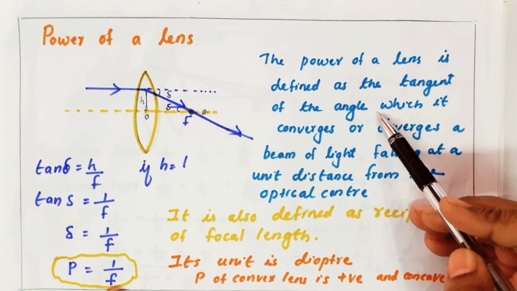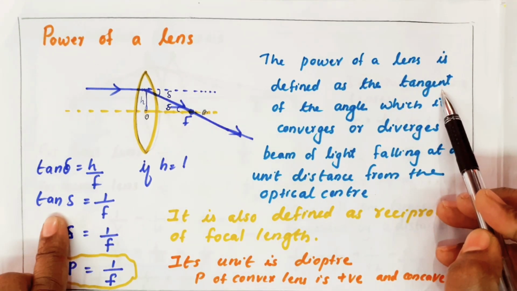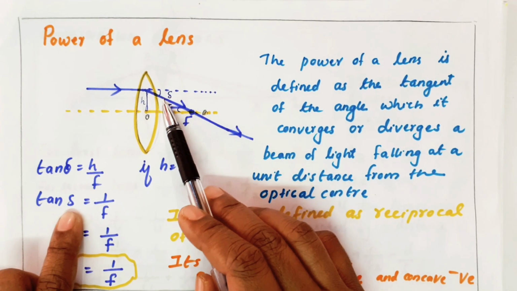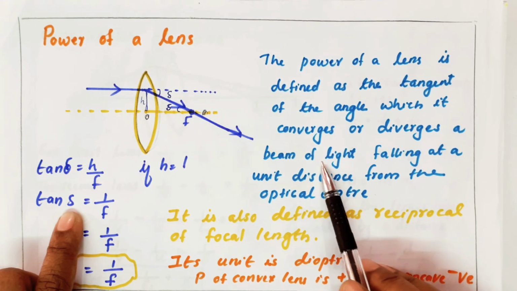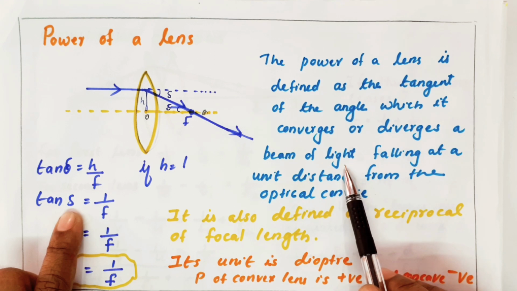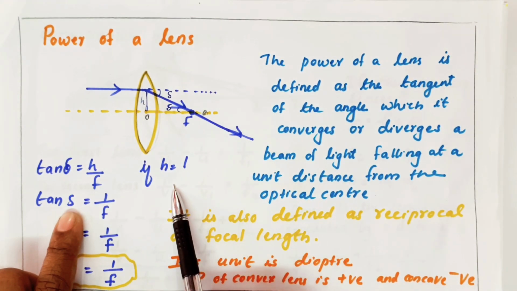Now look at the definition again. Power of a lens is defined as the tangent of the angle at which it converges or diverges a beam of light falling at a unit distance. This is the unit distance, I am taking h as 1, from the optic center.